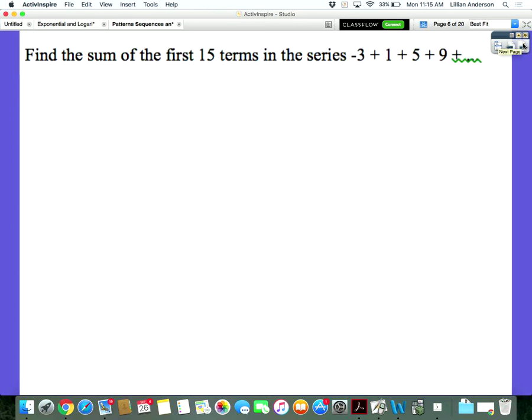Here we go. Find the sum of the first 15 terms of the sequence. Non-calculator for this one. Let's take a look at it, okay? The formula for sum is n over 2 times... which formula would have been the easier one to use?